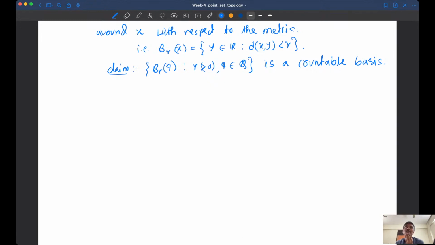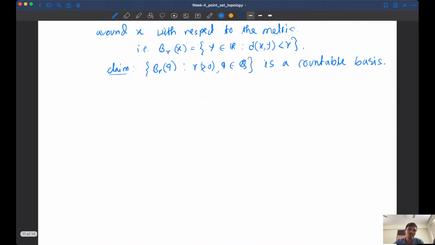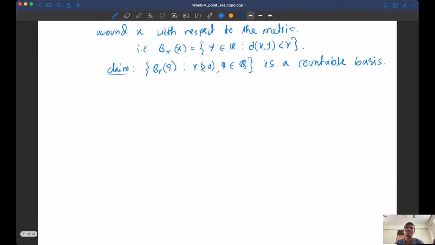So we don't need all rational radii, there might be a smaller subset than this one, but this will solve our case and it will be a bit easier to prove.